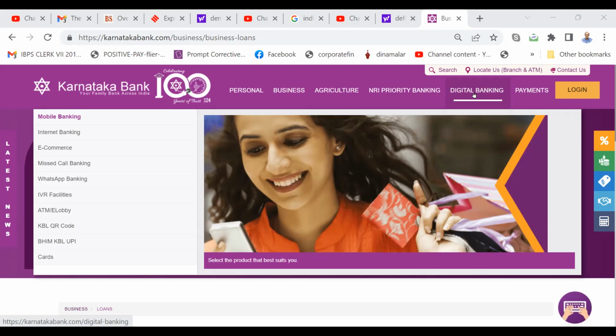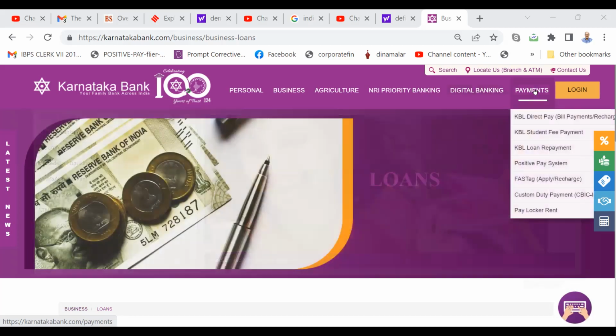Then there can be questions relating to payments also, like say UPI, IMPS, then National Financial Switch, then National Automated Clearing House, that is coming under NPCI. Please go through that also and get to know in detail about all of them.